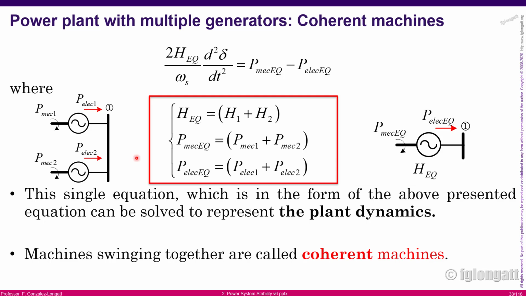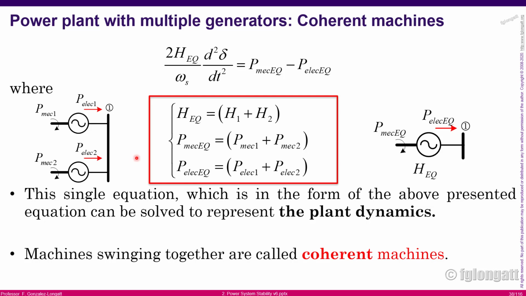What I'm trying to say is that if we have machines with similar or identical characteristics, and they are connected to the same bus bar because they belong to the same power plant, I can get an equivalent. But in this case, I am assuming that those machines are similar and they swing together. When I say they swing together, what I am telling you is that the power angles of those machines are the same.